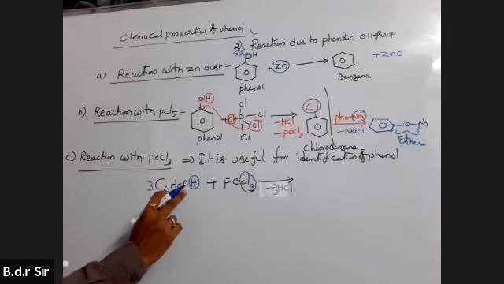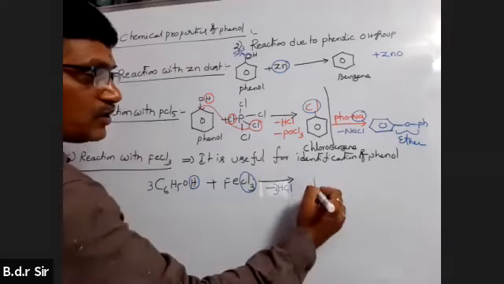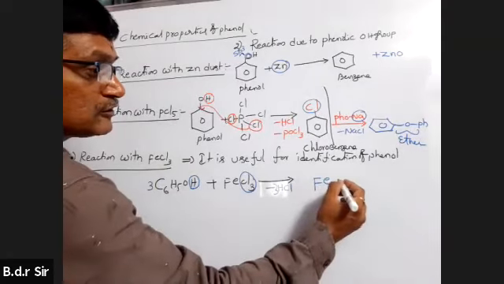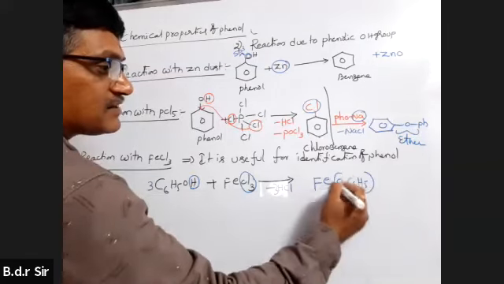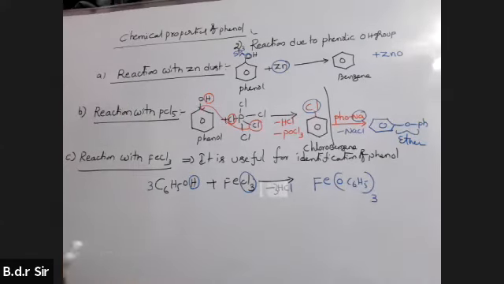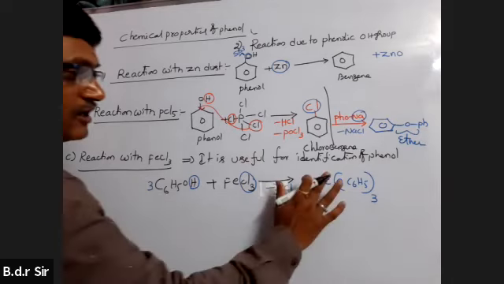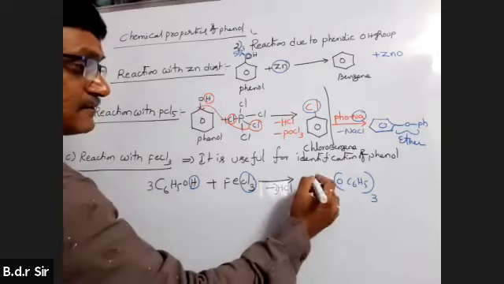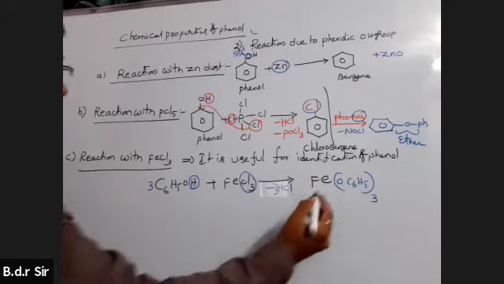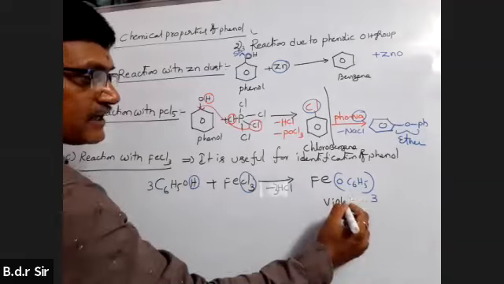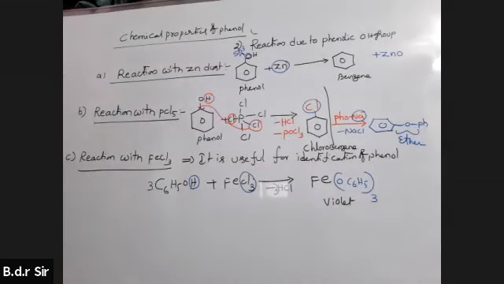So iron reacts with three moles of phenoxide to give Fe(OC6H5) taken thrice. If you have any confusion, observe the color change. Its color is violet. It is one of the complexes.